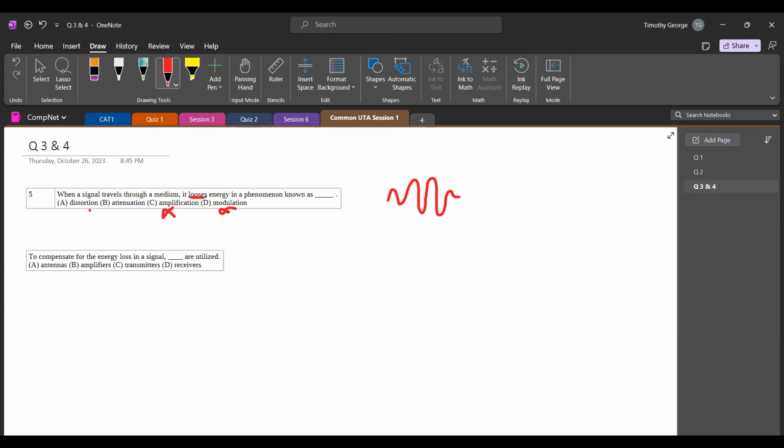That leaves distortion and attenuation. You could distort a signal, for example by making it lose energy so it loses amplitude. That is a form of distortion.